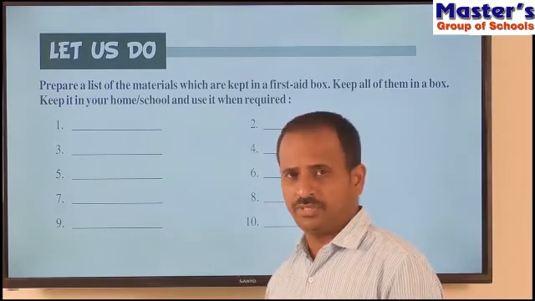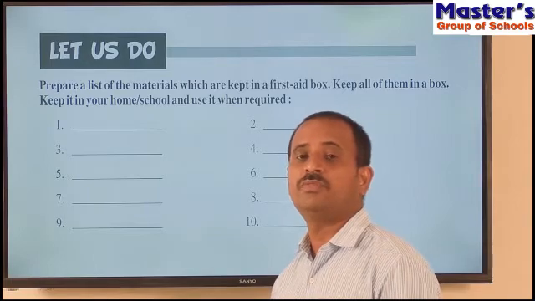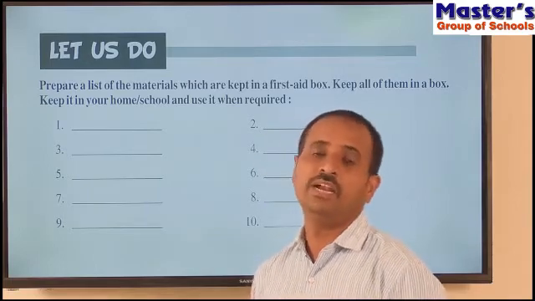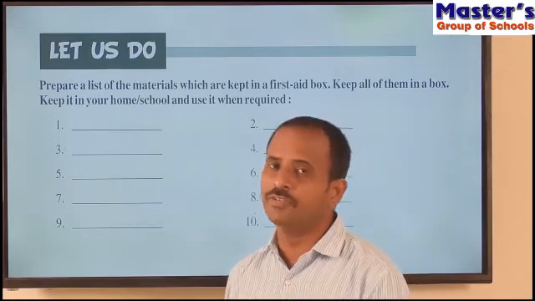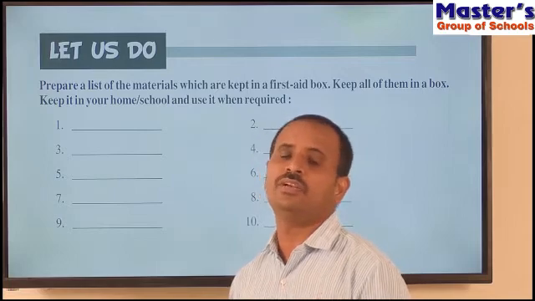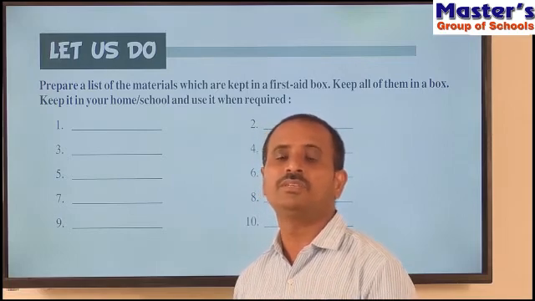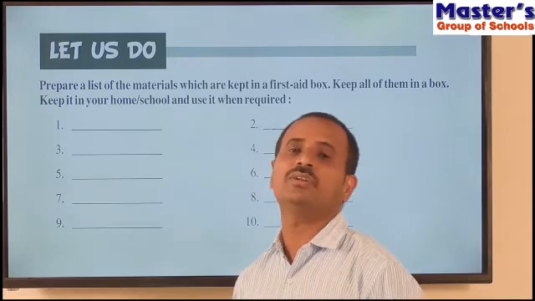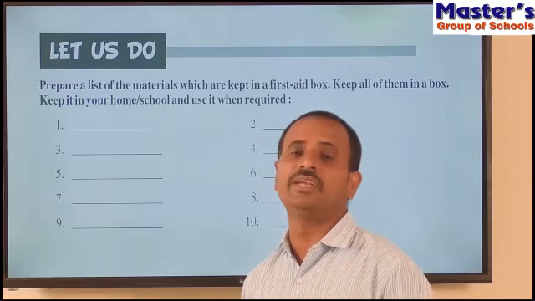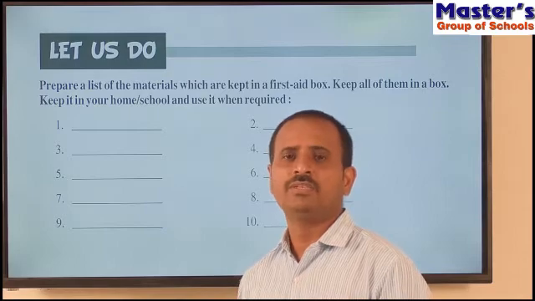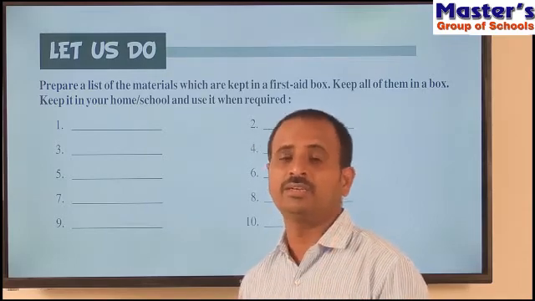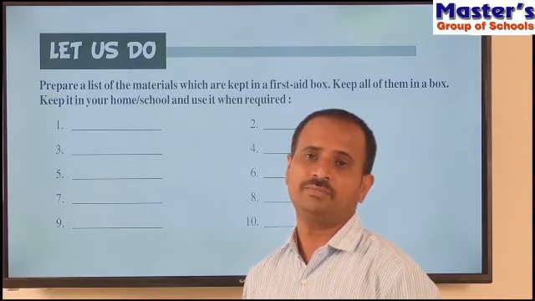If we want to give first aid to any injured person, we should have a kit. We should keep that kit wherever we are. When you are in school, there should be a first aid kit in your classroom. And if you are traveling in your bus, there should be a first aid kit in your bus. In this way, we should keep a first aid kit everywhere we go.